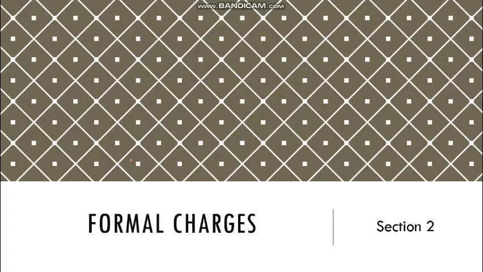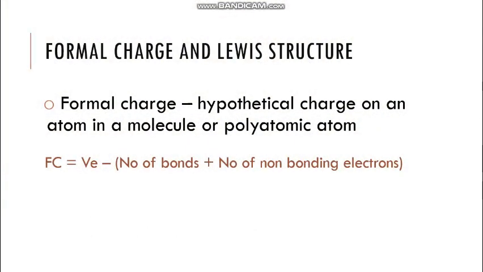So, dun pumapasok yung ating mga formal charges. So, formal charges are the hypothetical charge on an atom in a molecule or polyatomic atom. And also, the calculation of a formal charge on a molecule is a mechanism para ma-determine natin yung correct Lewis structure or yung electron dot structure natin.